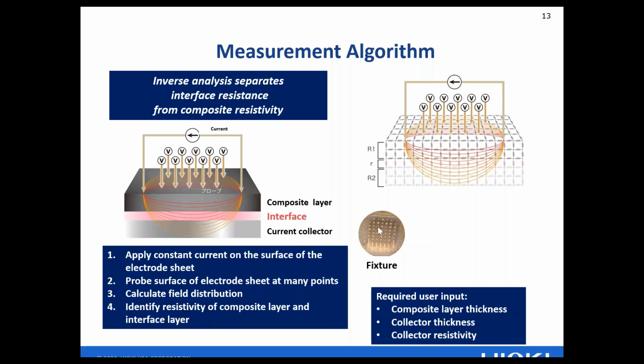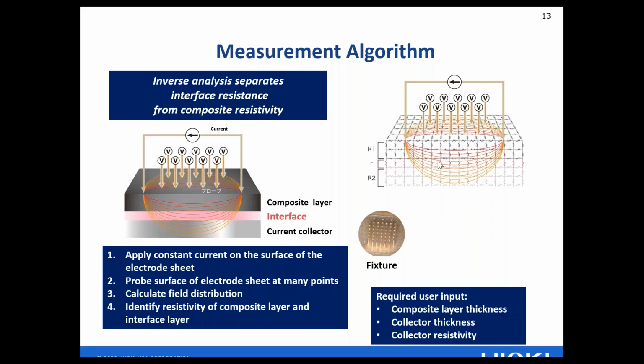Right now, we use 64 probe needles to measure the electric field on the surface. So with the field that we measure, the potential that we measure on the surface, we calculate the field distribution that would be the reason for the measured electric field. Next thing is we compare the calculated electric field with the ideal electric field that you would expect.